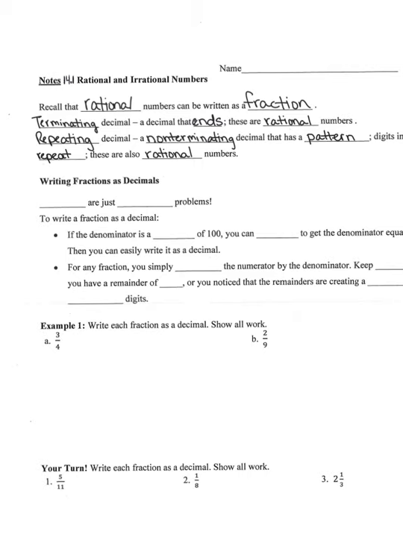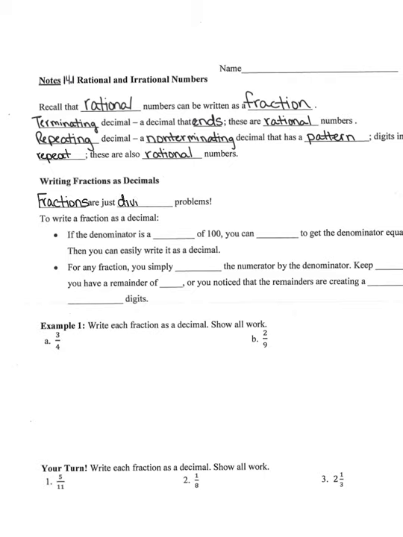We also spent some time at the beginning of the year looking at how we convert a fraction to a decimal. We know that fractions and decimals are just two ways of expressing the same value. And I've stressed this many times, that fraction bar means division. A fraction is just a division problem.